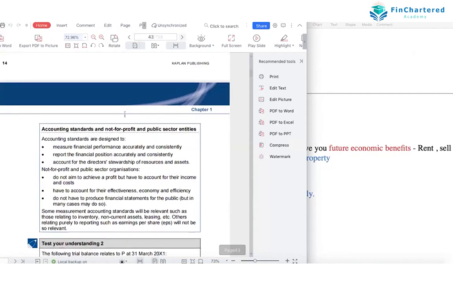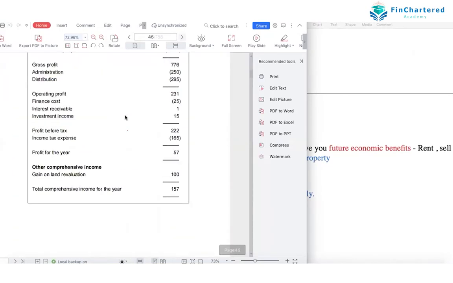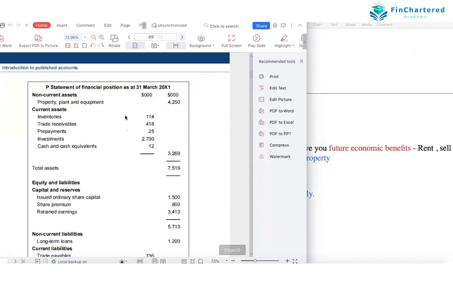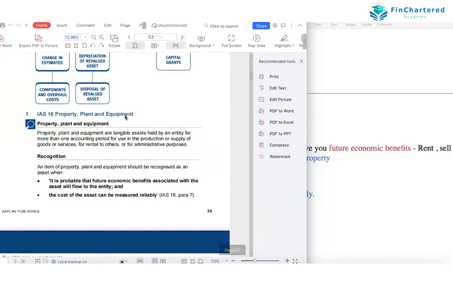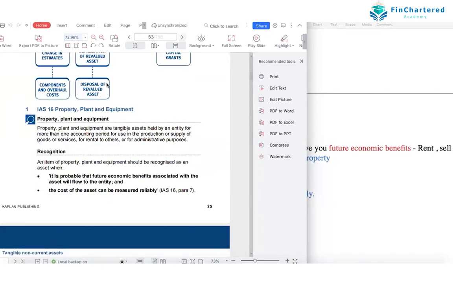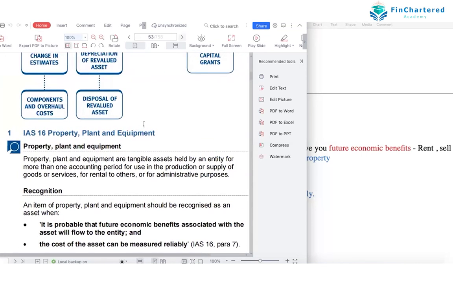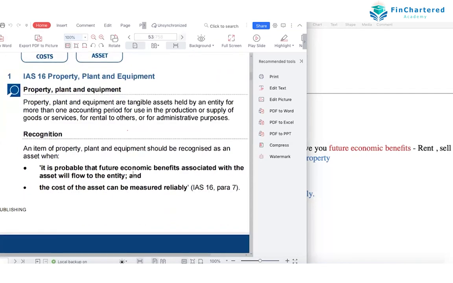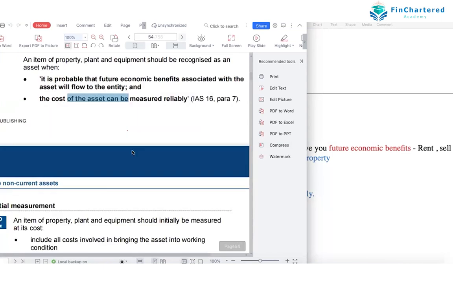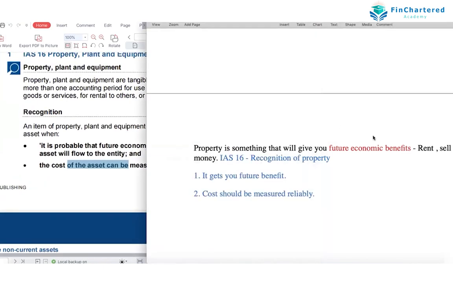If you have a look here, it talks about recognition. For property, plant, equipment, it is probable that you get future economic benefits, and the cost should be measured reliably. This is the recognition for PPE.